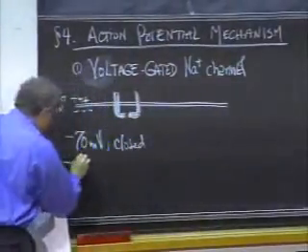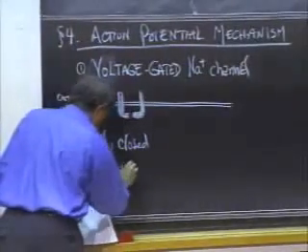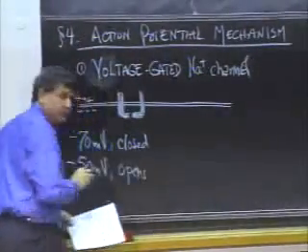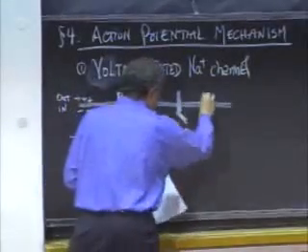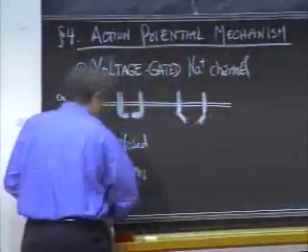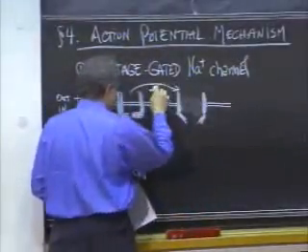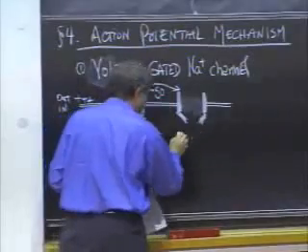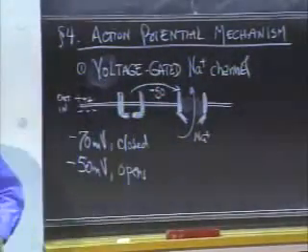But if I can transiently depolarize the cell to minus 50 millivolts, it opens, and it admits sodium. So when I get to minus 50, it opens. Now, what will sodium do when that door opens?